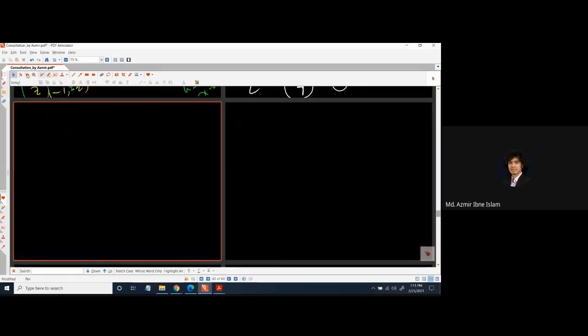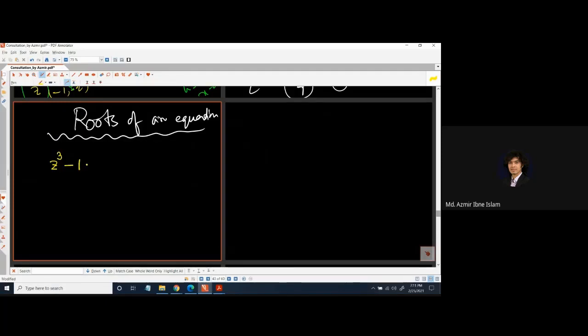So how to find roots of an equation? Here, suppose we have z cubed minus 1 minus i, or let's say plus i, equal to 0.